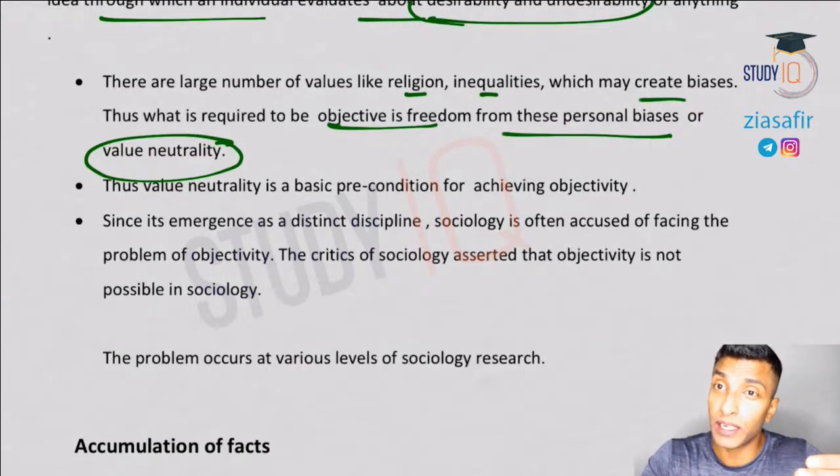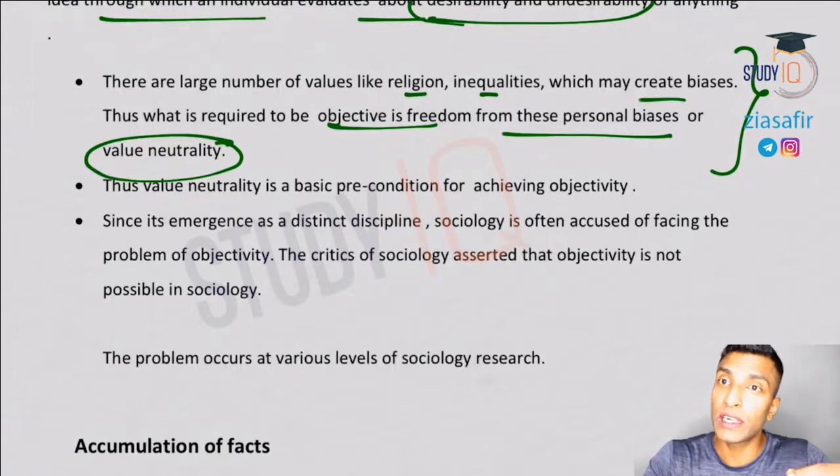Now, according to Weber, there is one more concept here. You can be objective even by accommodating values in sociological research, because you are dealing with human beings. The subject matter in sociology is different. We will discuss that when we discuss Weber in detail. What I'm saying here is that if you need to be objective, you need to be completely value neutral. But according to Weber, you can ensure objectivity in sociological research even by incorporating values.